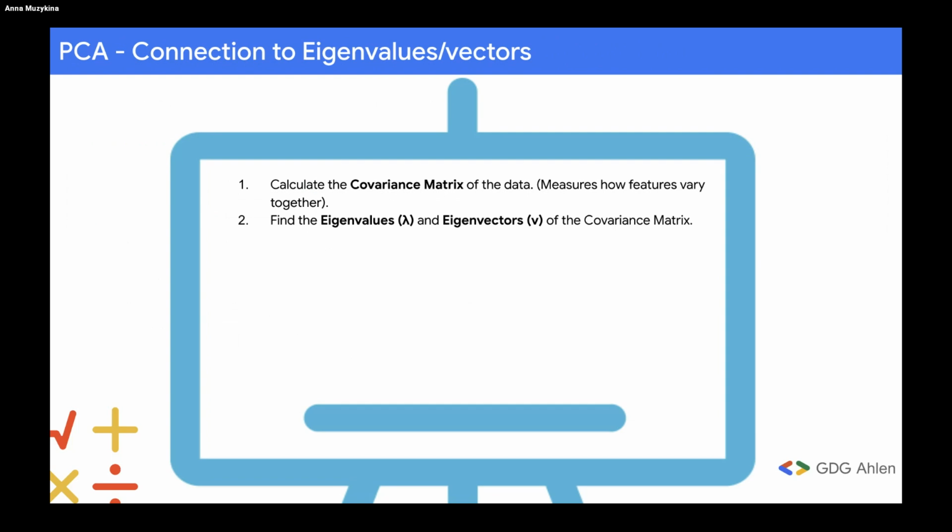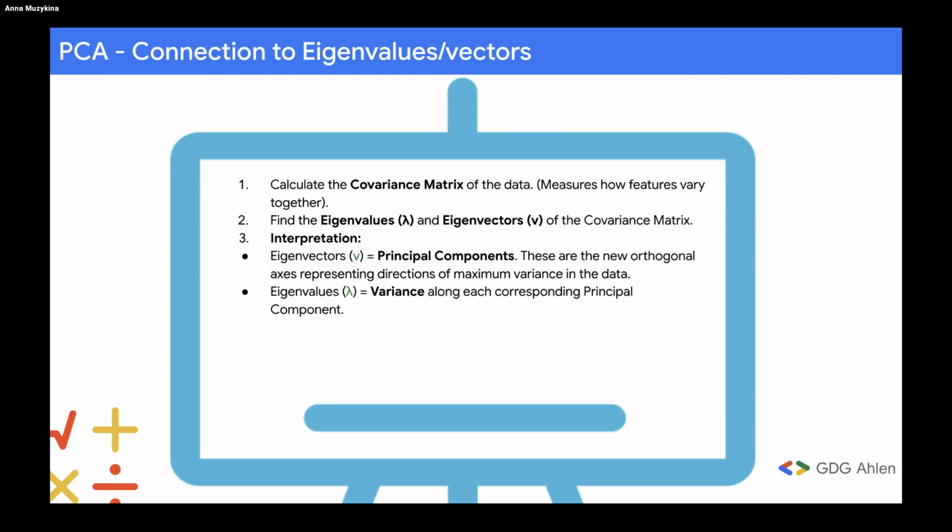Next, you find the eigenvalues lambda and eigenvectors v of this covariance matrix. Since the covariance matrix is square and symmetric, these will be real numbers. And now comes the crucial interpretation. The eigenvectors of the covariance matrix represent the principal components of the data. These are new orthogonal, perpendicular axes that point in the directions where the data spreads out the most.